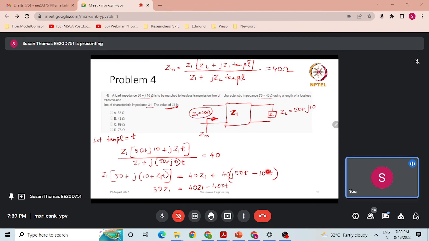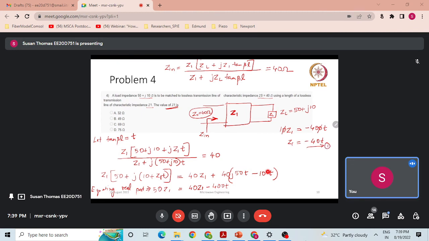So this comes out to be 10 Z1 is equal to minus 400 T. So 10 cancels, so Z1 is equal to minus 40 T. So this is by equating the real part. So you get an equation once you equate the real part, that is Z1 is equal to minus 40 T.